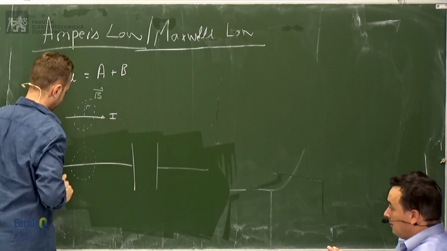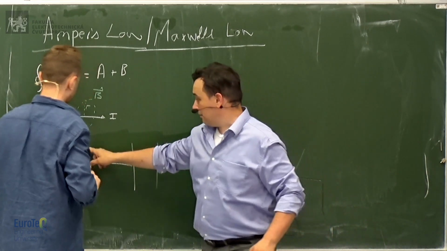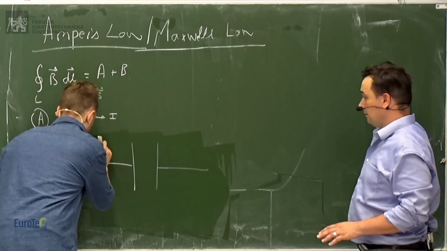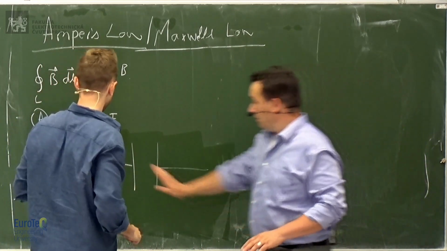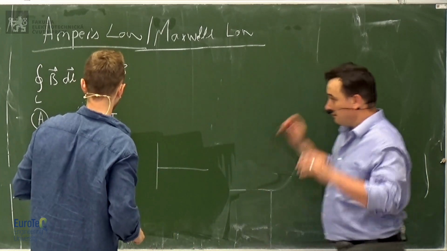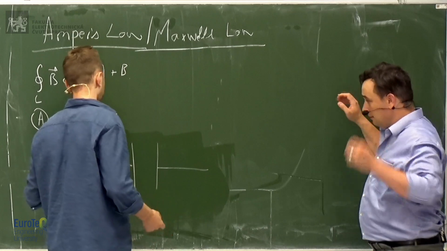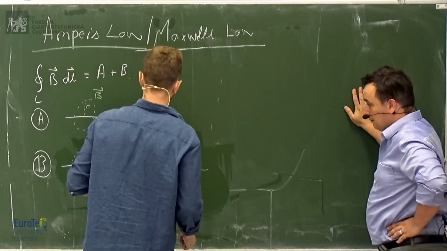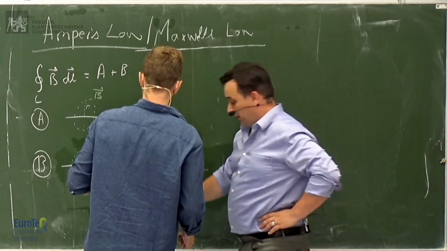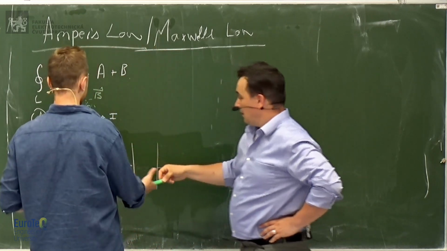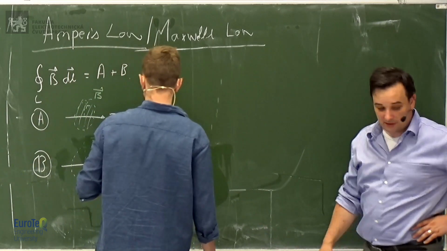So the magnetic field is always here. But then you choose another surface. Now it's no longer about the current flowing, okay, it is about the current flowing through the wire, but you chose another surface. So here you chose this surface. And now you have to choose another surface.